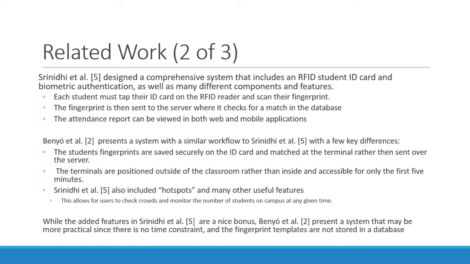However, reference 5 also includes a lot of interesting features. One of the features I really like, and would think would be very good to implement in this kind of system, is the use of hotspots. This allows users to check where crowds are, how many people are at major locations on the campus, maybe at the dining hall, or maybe at an event that's going on, and also just the general number of students on campus.